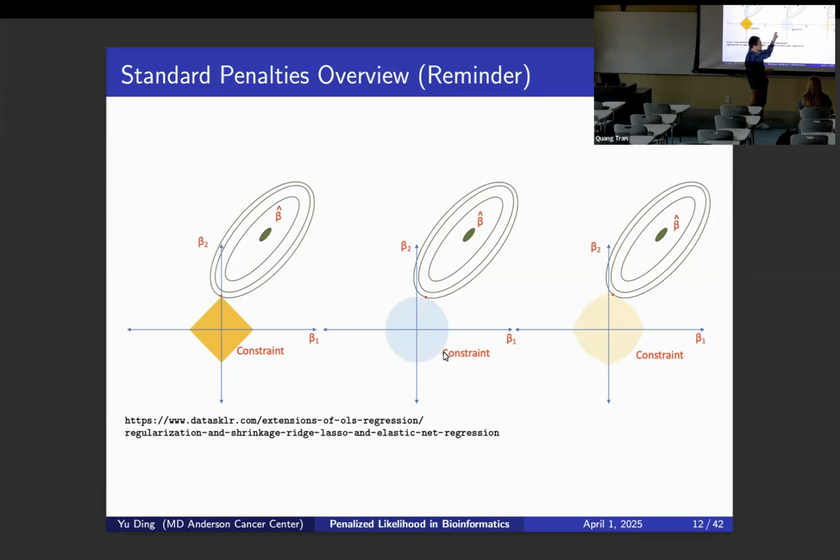Here our algorithm will not only focus on the original loss function, represented by the black circle, but also on the colored part. This means it tends to find a solution simultaneously closer to the original estimation beta hat, represented by the green point, and also closer to the zero point.